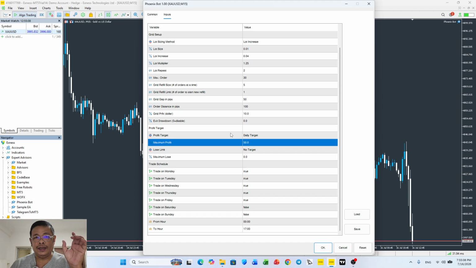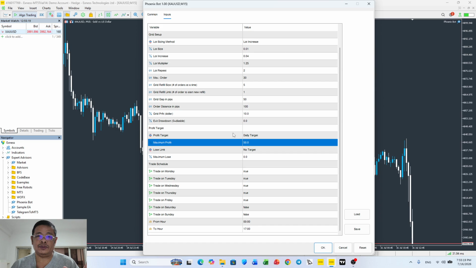So again, number one is about grid setting. Number two is about overtrading. If you overtrade, the EA will somehow have a huge drawdown and it doesn't work. That's the reason this EA has the feature to define a daily target.